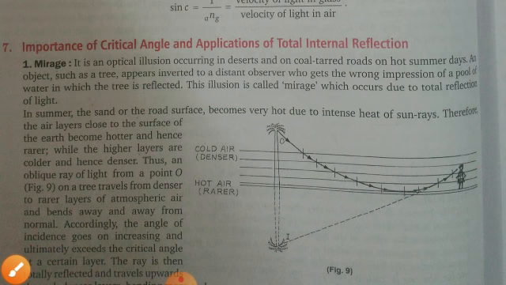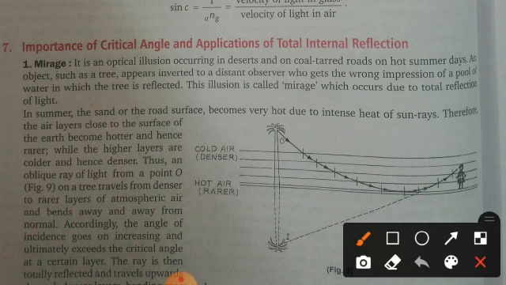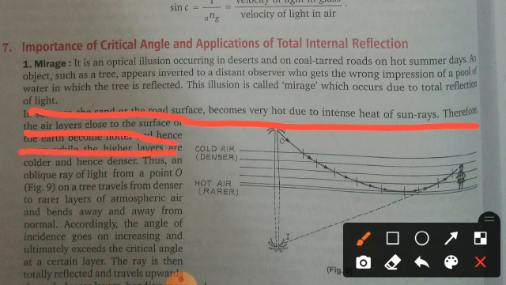In summer the sand or road surface becomes very hot due to the intense heat of sun rays. Therefore, the air layer close to the surface of the earth becomes hotter and hence rarer, while the higher layers are colder and hence denser.